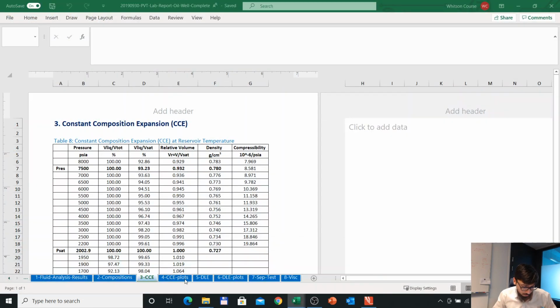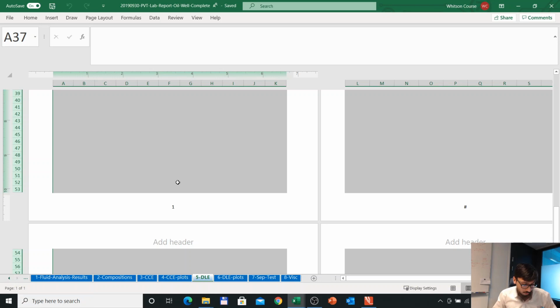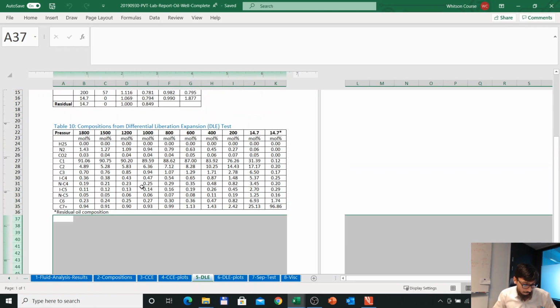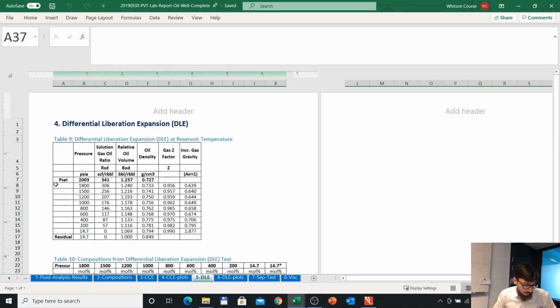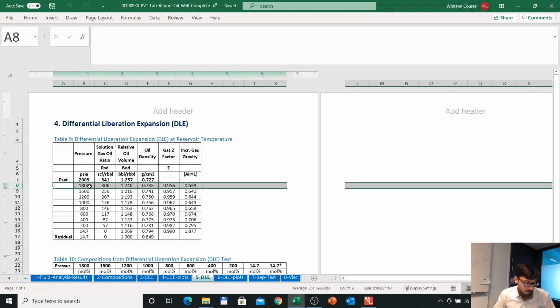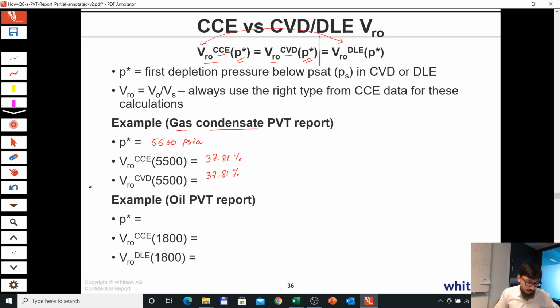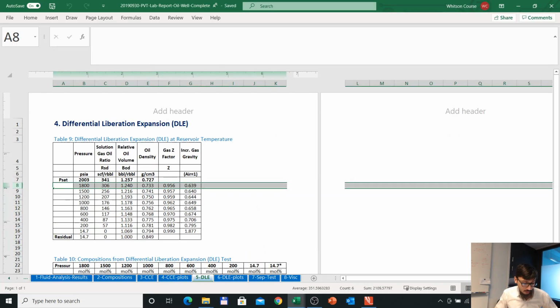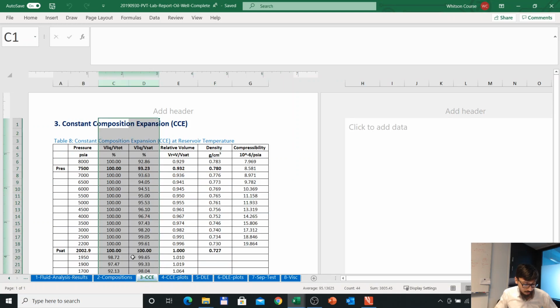In the oil PVT report, we go to the DLE data, and it is 1800 below the saturation pressure. So the P star is 1800 psia.